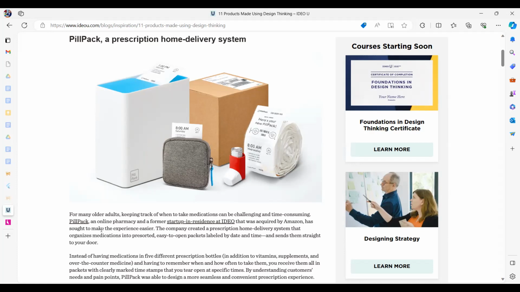One, how do they order this on time? Because as you grow older, you also forget things. You are very forgetful. And going to the pharmacy, getting the medication, all that might not be easy as well, right? So the company came up with a home delivery system that organizes the medication into pre-sorted, easy-to-open packets, labeled by date and time, and sends them straight to your door.